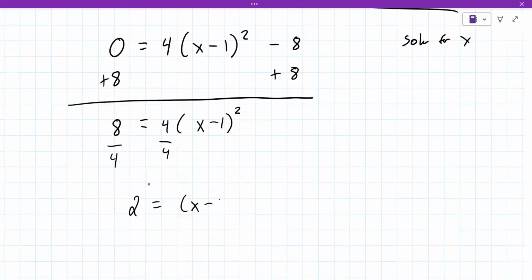Okay, keep going. x equals 1 plus the square root of 2.